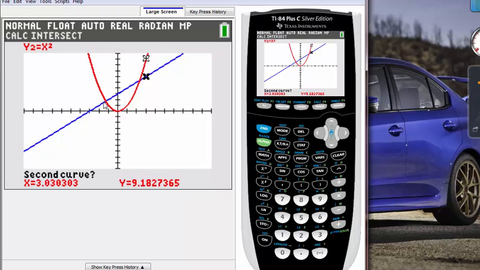The second curve, probably somewhere right there. That seems pretty good, right? Just hit enter, and it says guess. So hit enter again, and there's our intersection. So we just found those two intersections by using the intersect key on your calculator.